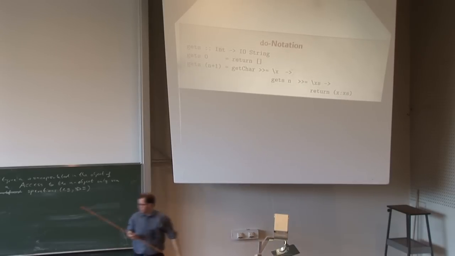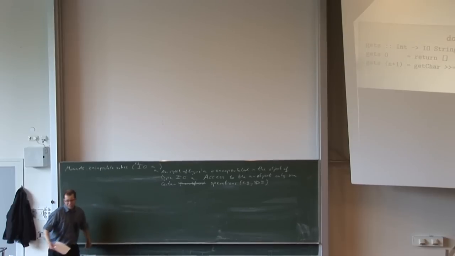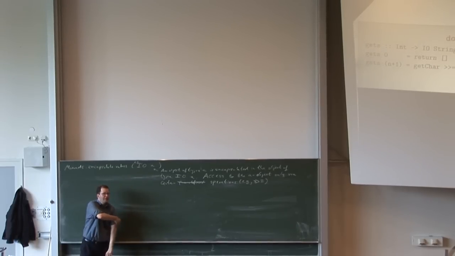Now, as I said, this is pretty unreadable, and there's a much nicer notation for this, because this is a typical form of working with monads. Since the only way to access this object that is encapsulated here is via this bind operation, this is the usual way programs with monads look.